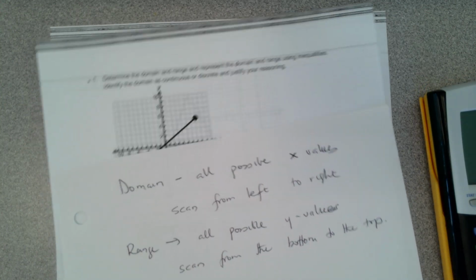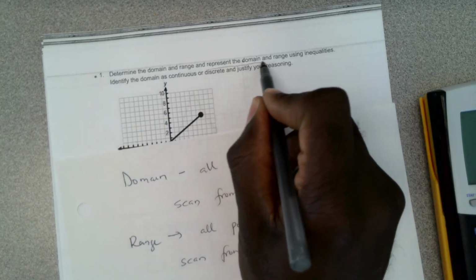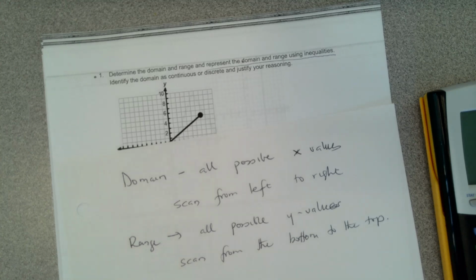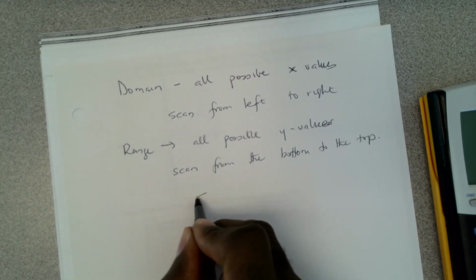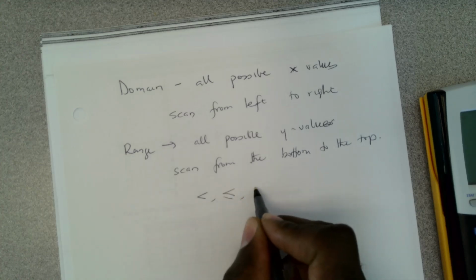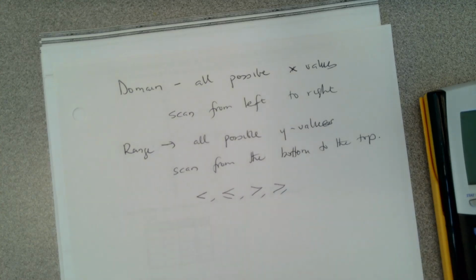Now, the question also asks us to represent domain and range using inequalities. So that means that I'm also going to be using less than, less or equal to, greater than, greater or equal to as applicable.